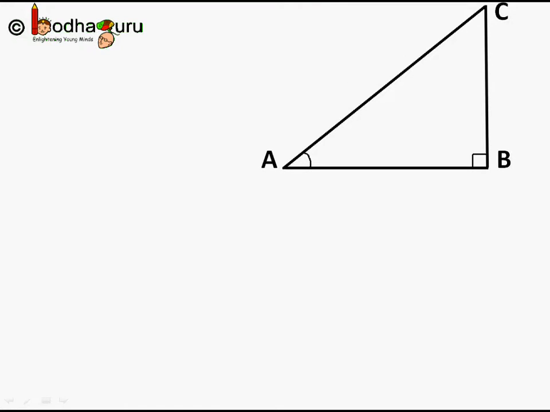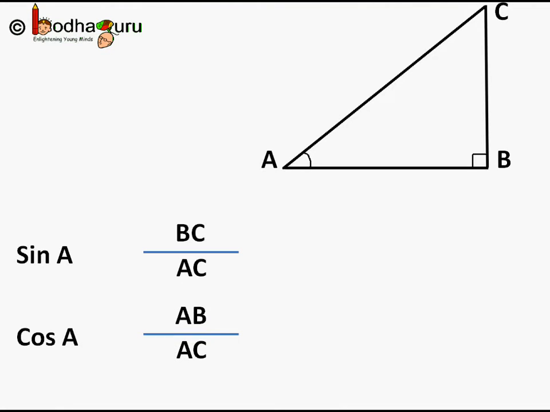These three are reciprocal ratios of sine, cos, and tan. And one more thing in this lesson, we know sine A is equal to BC by AC, right? Opposite side by hypotenuse, and cosine A is AB by AC, that is adjacent side by hypotenuse, right? If we divide sine A by cos A, then what happens?